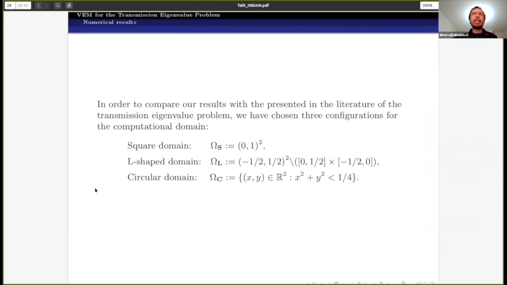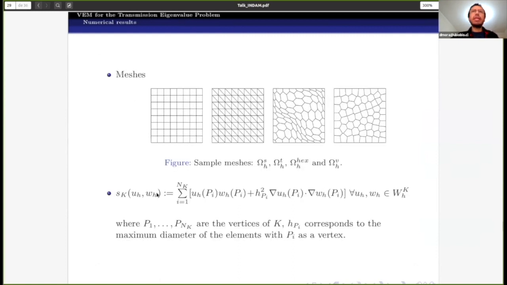We consider three configurations for the numerical results. Here we consider a square domain, an L-shaped domain, and a circular domain, with different meshes for each domain. To complete the stabilization, we are going to use this one, correctly scaled. In the H2 case, we have to multiply by h to the minus 2.